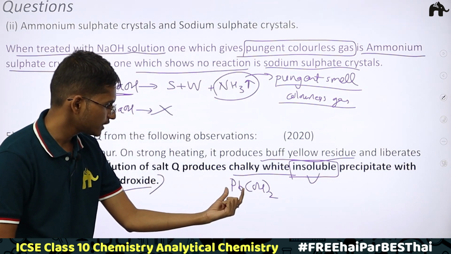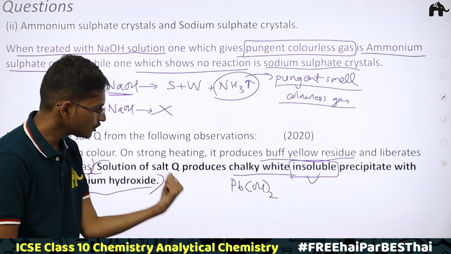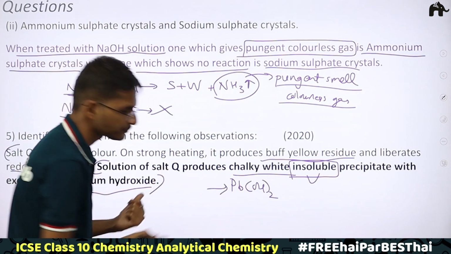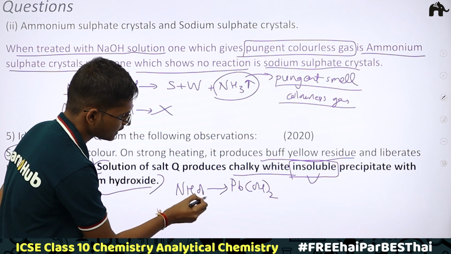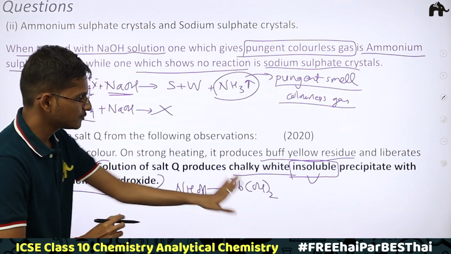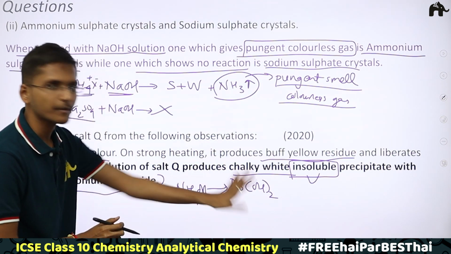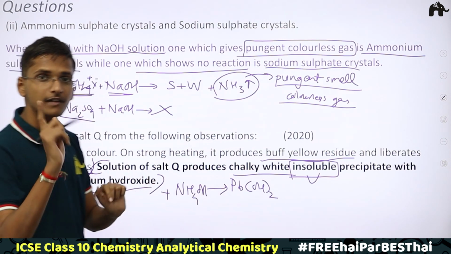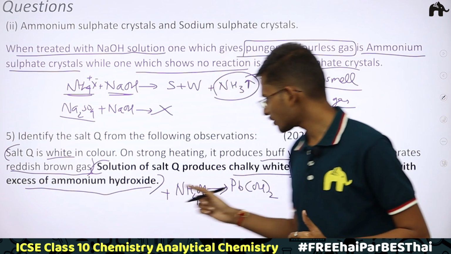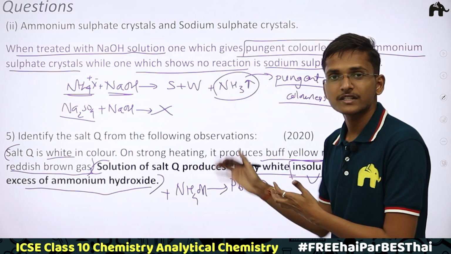Now what they are telling us is that the solution of salt Q is producing this precipitate by addition of ammonium hydroxide, and this precipitate is insoluble in excess of ammonium hydroxide. Now which salt solution would produce this lead hydroxide? We have figured it out, right? In the same way we figure out which metal ion is present in that salt solution.